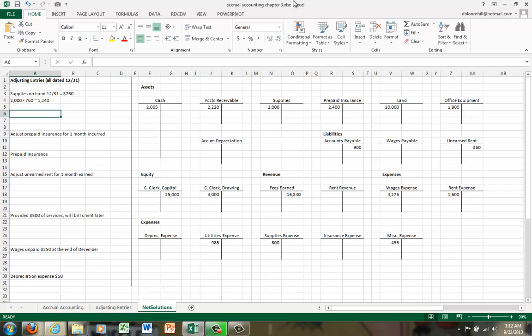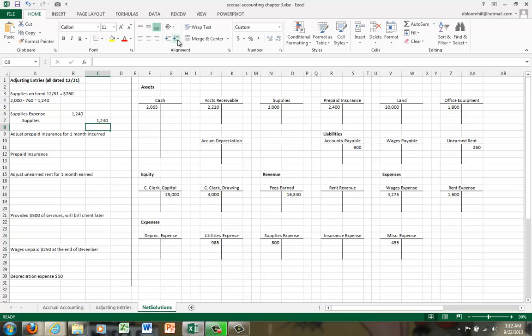So we know that for a supplies adjusting entry, we're going to have to debit supplies expense for the amount of the adjusting entry, $1,240, and we're going to credit the supplies account also for the same amount, $1,240, because we know that all of our journal entries balance.